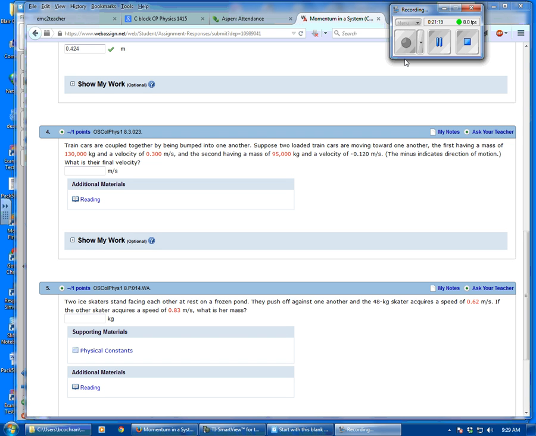That the 2 train cars create a system, that the momentum is going to be conserved in that system, it's going to stay the same, and that we have a before and an after, so we definitely need to look at a diagram.